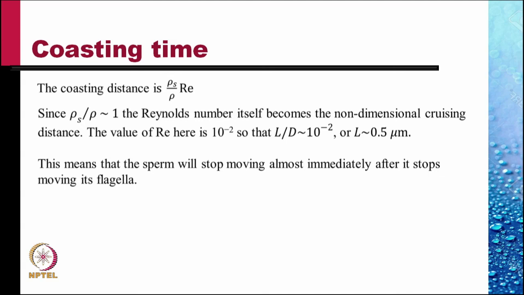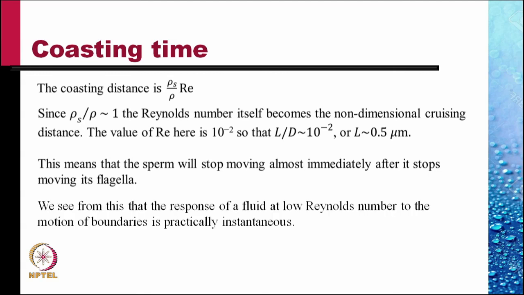This means that the sperm will stop moving almost immediately after it stops moving its flagella. We see from this that the response of a fluid at low Reynolds number to the motion of boundaries is practically instantaneous.